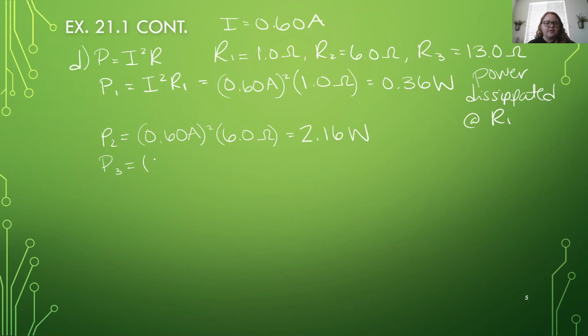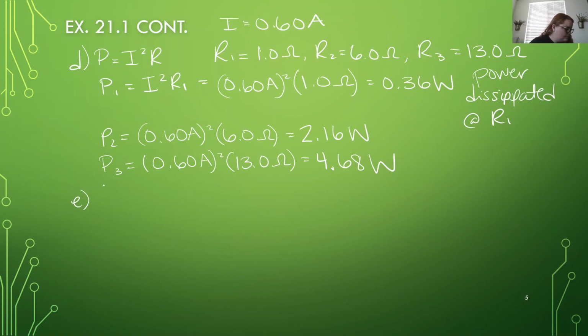P3, with 13 ohms, we get 4.68 watts. Okay, so these are the power dissipated at each resistor.